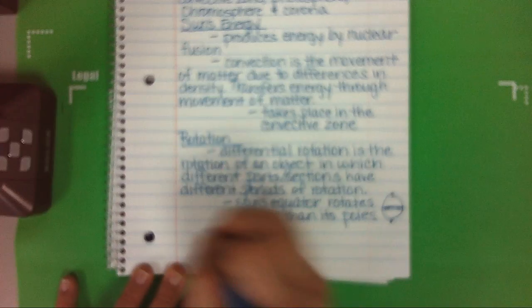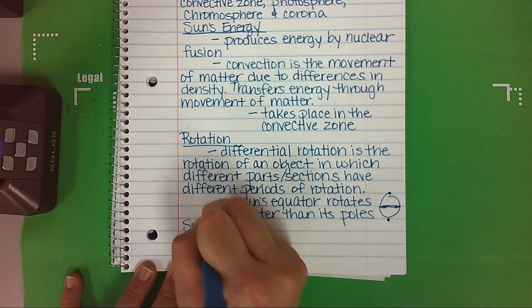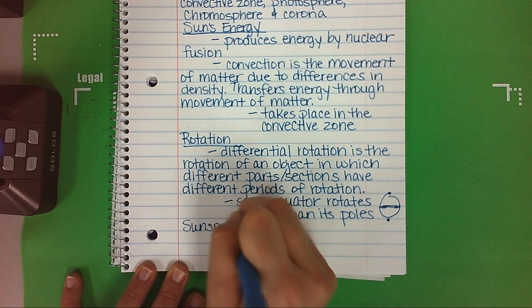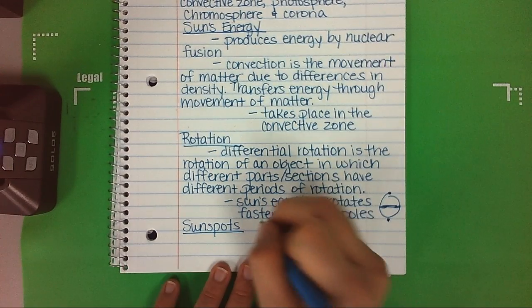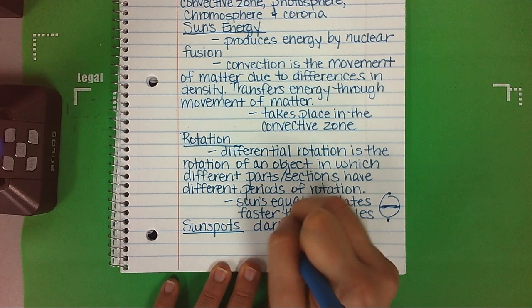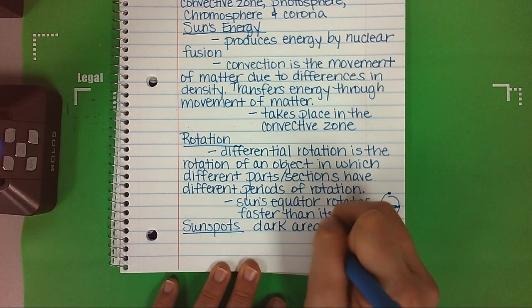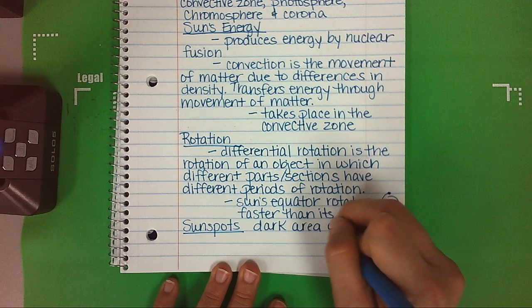Okay, so let's talk about some other things that happen on the sun. There's something called sunspots. Okay, that is a dark area of the photosphere.